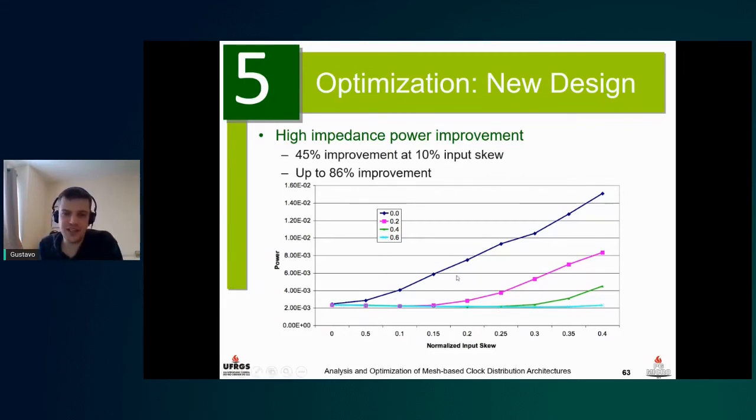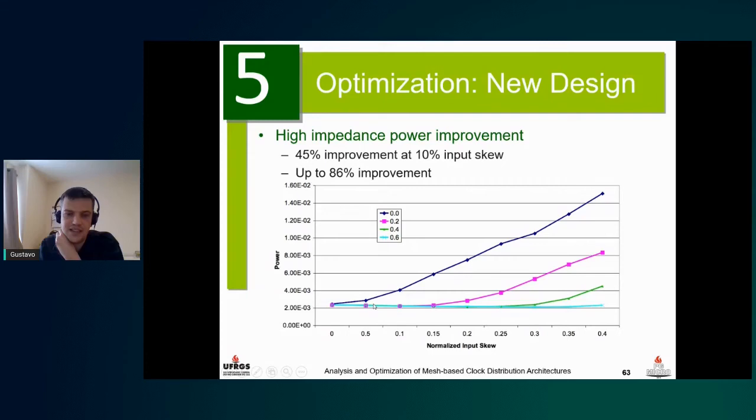The first line, the blue line, is if we don't apply any high impedance time, so that's the baseline. The second line is if we apply 20% of clock period high impedance time. The green line, 40%, and the blue line is 60%. And this is over different scenarios of input skew.